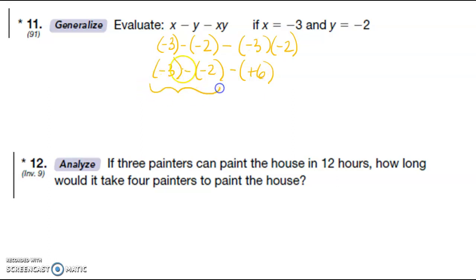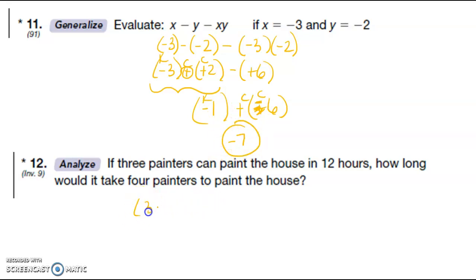Now we can do it 2 at a time. We are going to keep change because we have a subtraction problem. So that gives us 3 minus 2 is 1. 3 is bigger than 2. And then we have another subtraction problem, so we're going to keep change again. That makes this minus, which gives us negative 7.